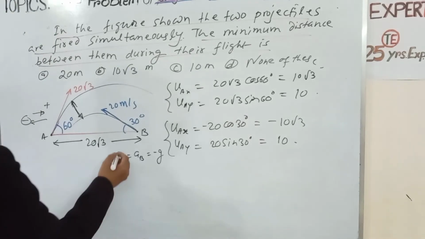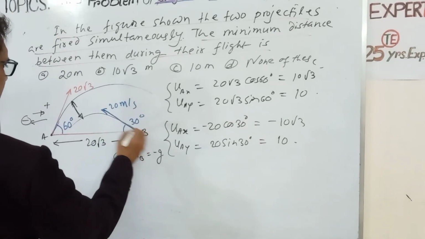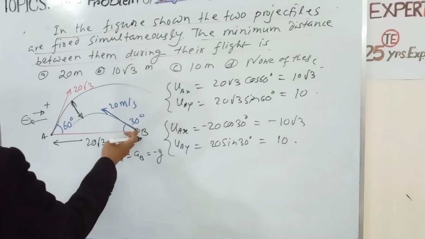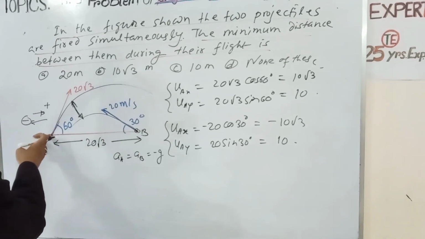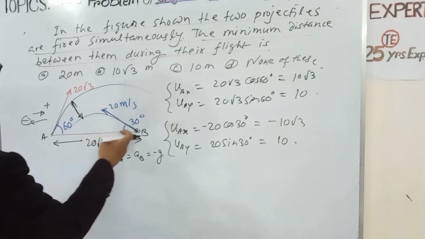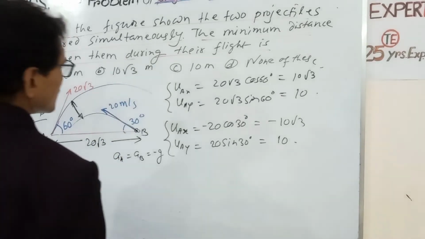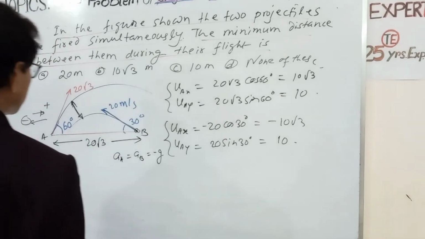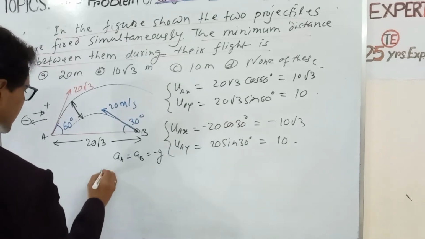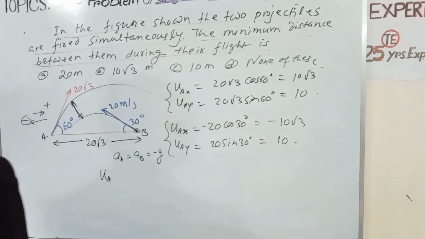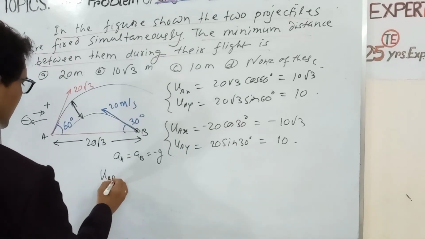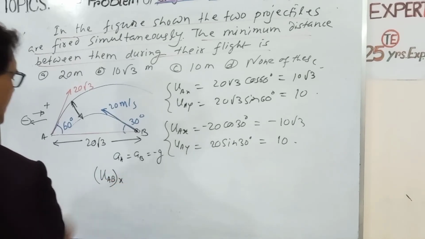Now suppose this is at rest, then this body moves with a velocity uab along this direction. Now we have to consider uab along x.